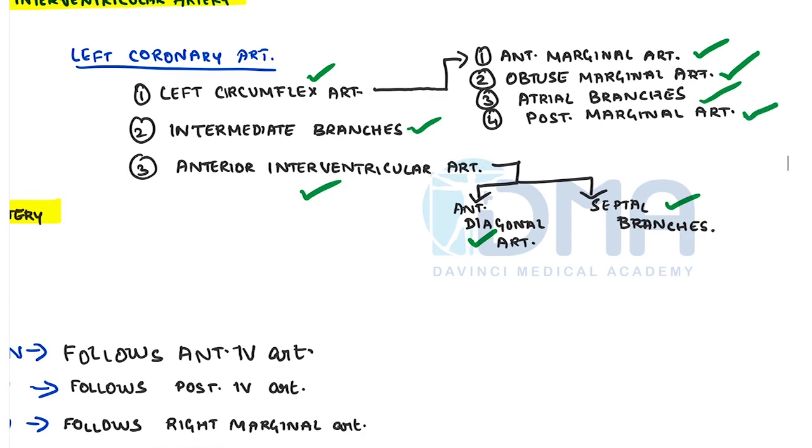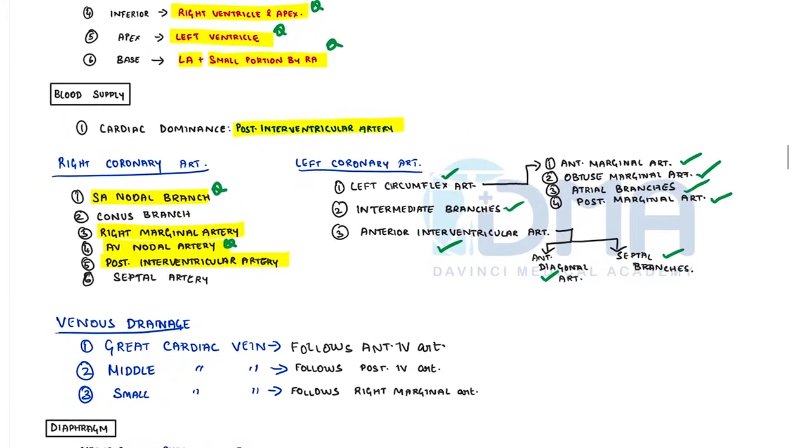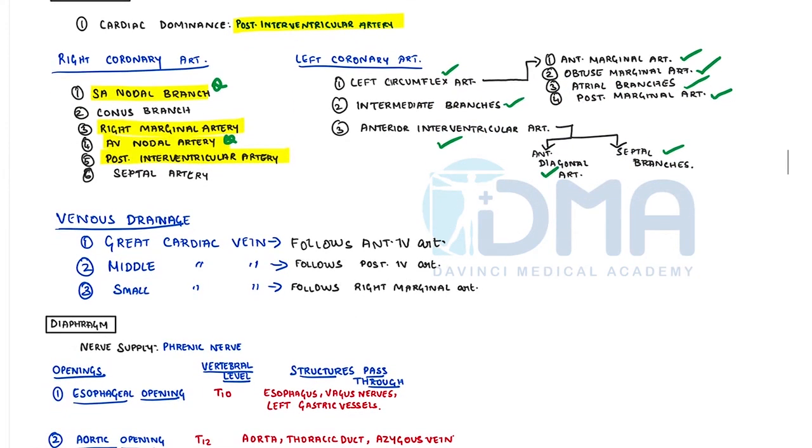The most important MCQ they ask here is: the SA node is supplied by what artery, the AV node is supplied by what artery, cardiac dominance is determined by what artery, and so on. So you should know that.